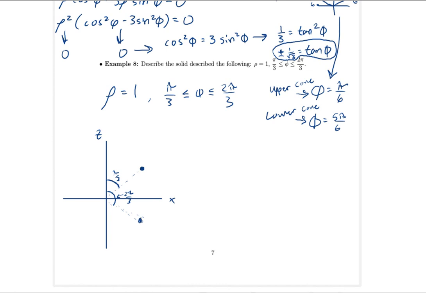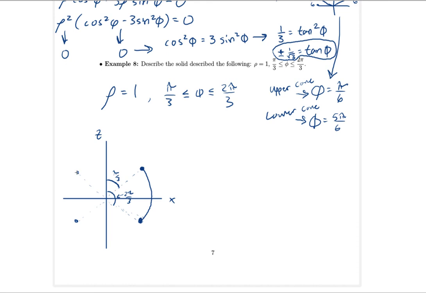And so about the same there. And so what we've got is something like this. But understand that this is just a little cross section in the xz plane, and of course theta can be whatever it wants, right? So I'm going to have the exact same thing over here.